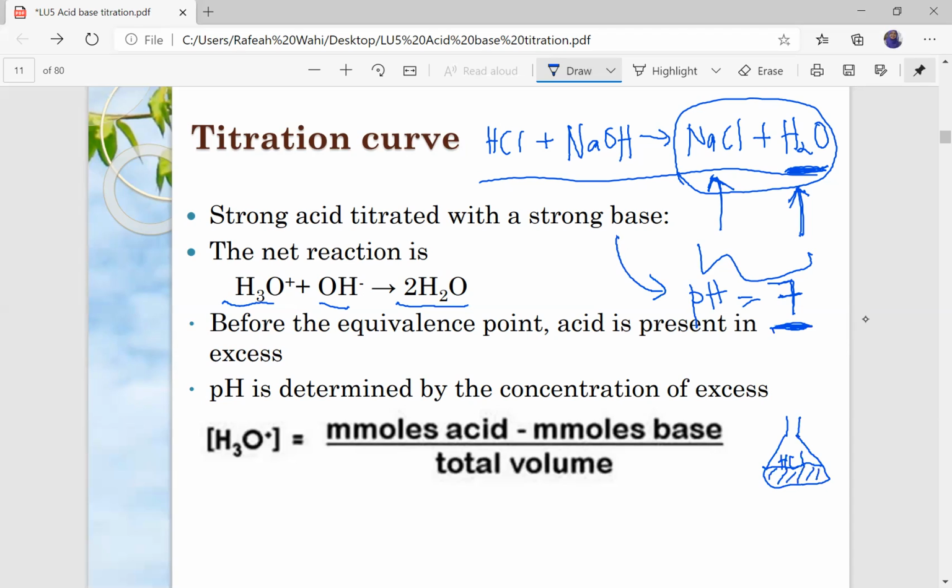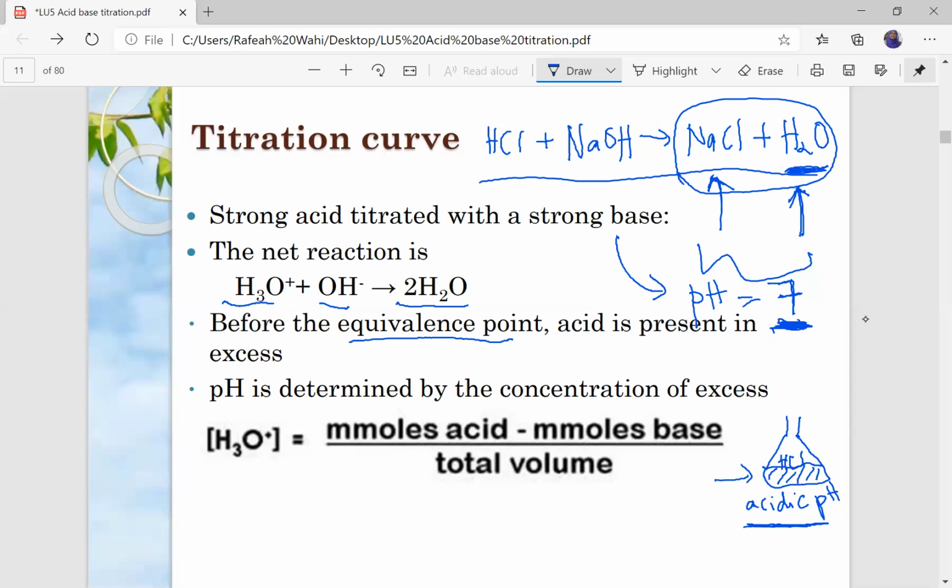Because it is solely HCl, it is acidic in pH. So before we reach the equivalence point, which is always 7, we know that the initial pH is acidic. That's why we know that before the equivalence point, acid is present in excess in the analyte.